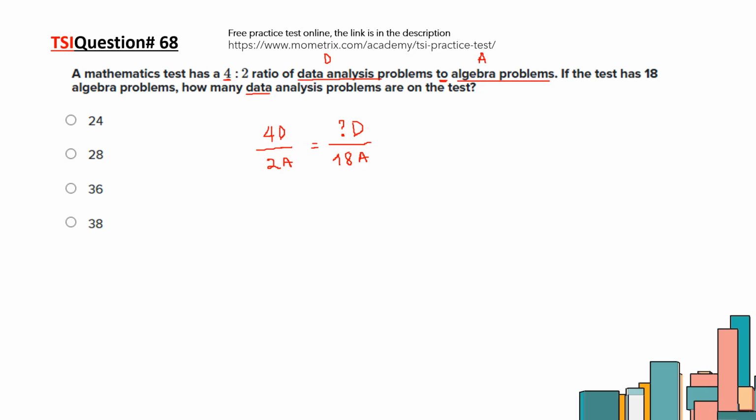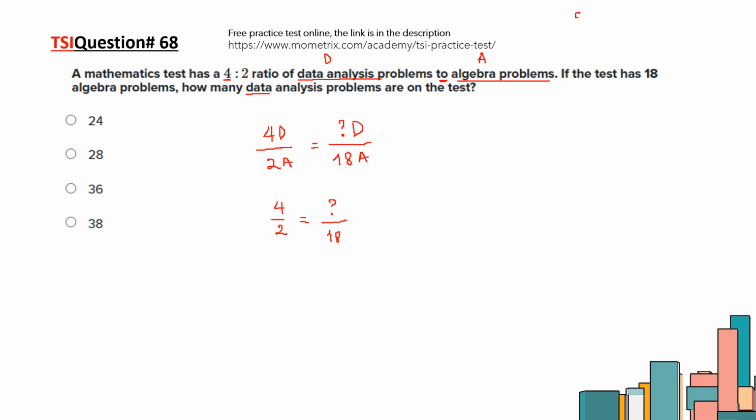If we divide both sides by D, we take off the D, and if we multiply both sides by A, we take off the A. So we just have the ratio 4/2 equal to the question mark over 18. Our unknown is the question mark.